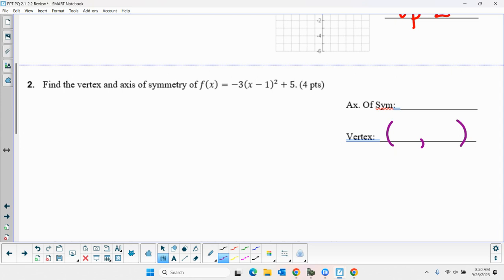Well, that'd be a positive 1. And then it's whatever's outside, this plus 5. So that's my vertex. Just by looking at that problem, you should be able to tell me the vertex. The axis of symmetry is always x equals, and it's whatever the x value of the vertex is. So x equals 1. So that should be an easy problem for you. Any questions?